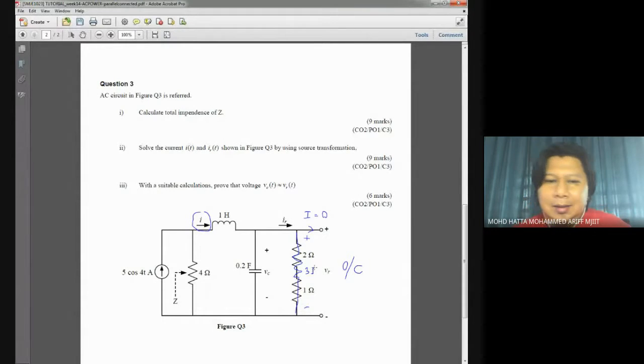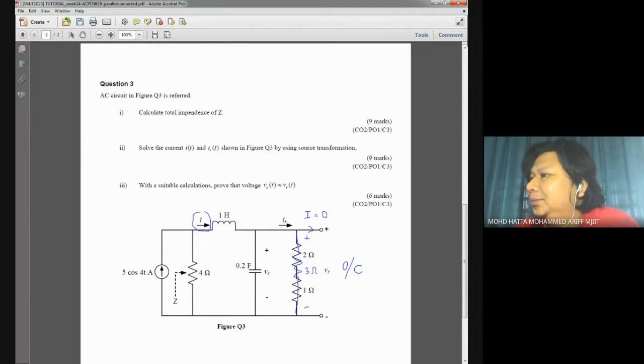But I separate it to make you confused, to put some tricks to you guys, so that you can identify the element itself, the voltage drop, and so on.